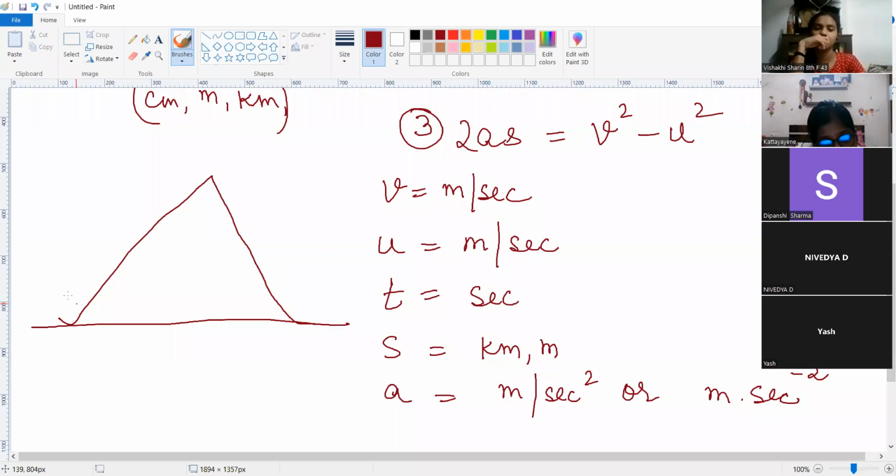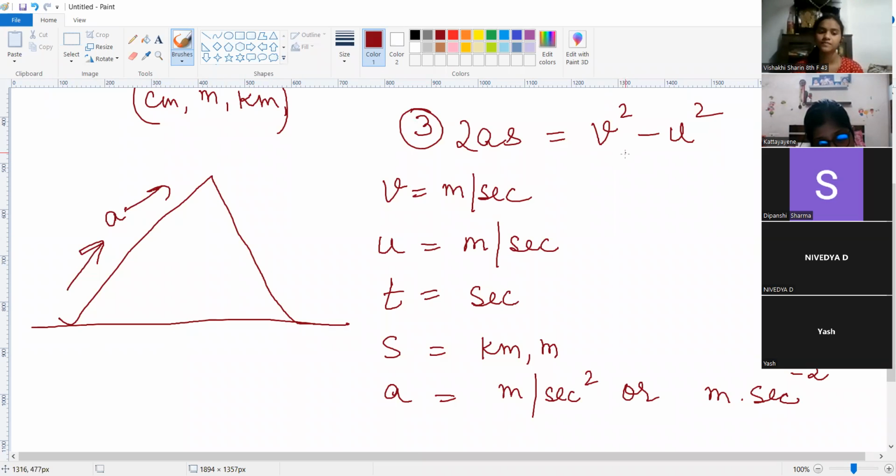This is a mountain. So when you are climbing up the mountain, what are you doing? When you're climbing, is it acceleration or retardation? Acceleration. Yes, we have to accelerate while climbing.